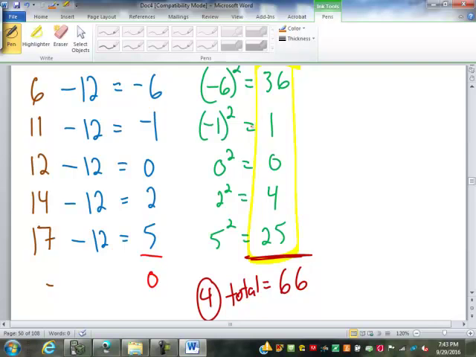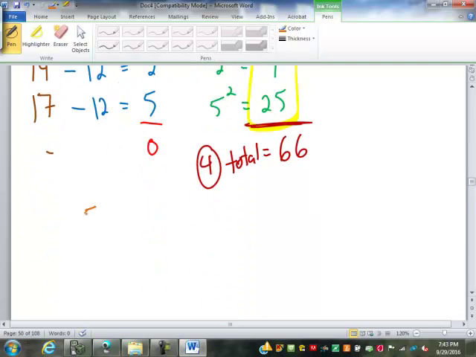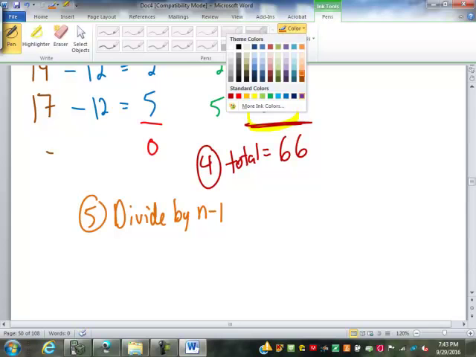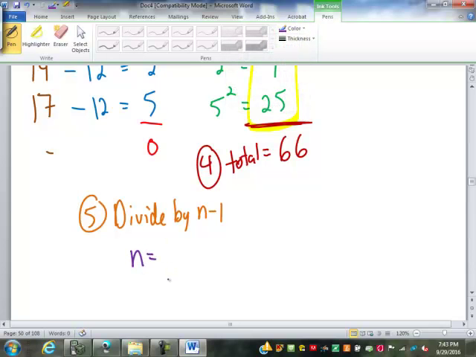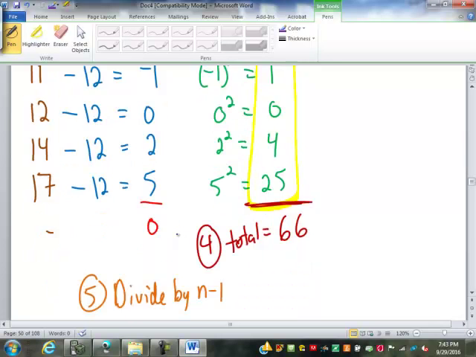Step 5 is a little more complicated. Step 5 is to divide by n minus 1. Well, n equals, how many numbers are in this list? 5, right?